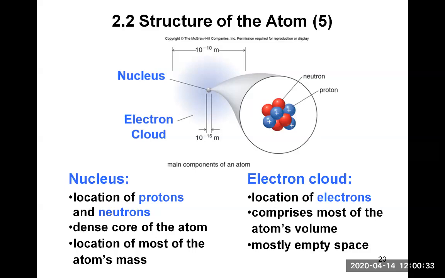And there is no mass there because electrons have a negligible mass compared to protons and neutrons. However, that's most of the atom's volume. The electron cloud represents the atom's volume.